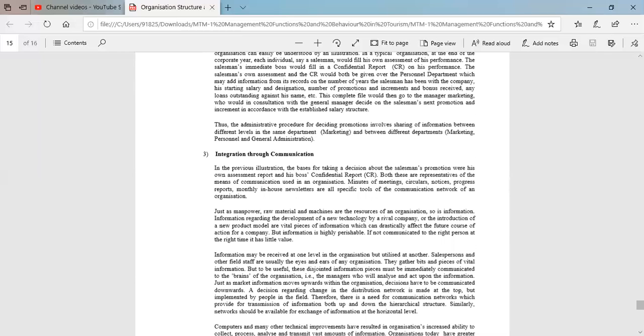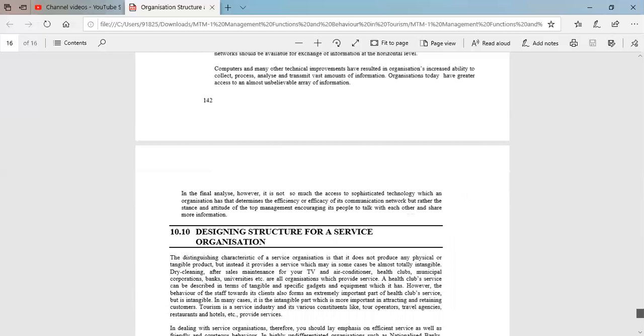These are called integration through communication. Means you have to communicate, you have to make people understand, and even business conducts meetings, conferences in big hotels, seminars. These are integration through communication, like setting the goal, what we will achieve.